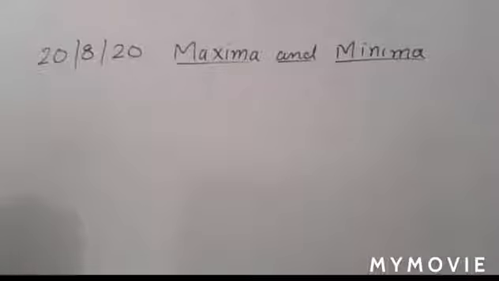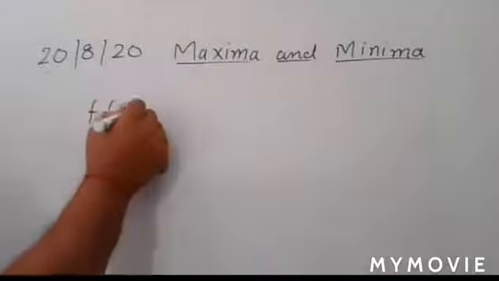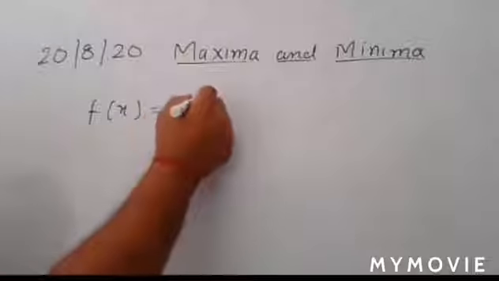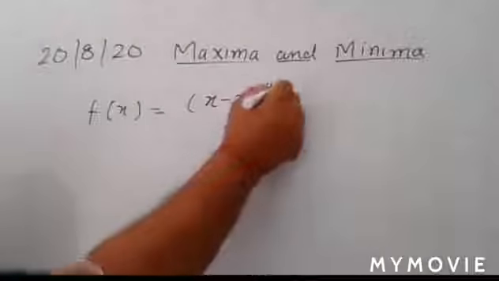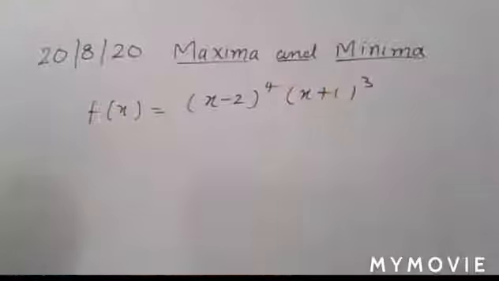Note one question: find the point at which the given function f(x) = (x - 2)^4 (x + 1)^3 has, first, local maxima, second, local minima, and third, point of inflection.